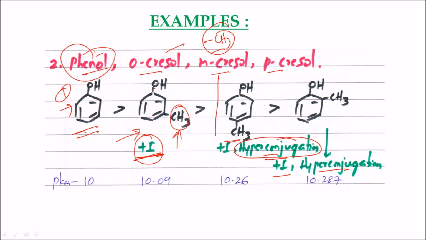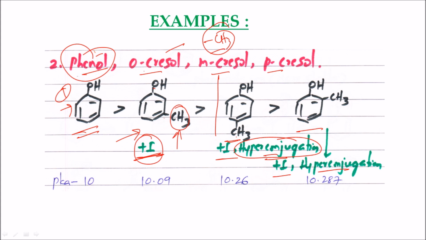Now among the third and fourth, why do we take paracresol as more acidic compared to orthocresol? You know, in both we have the same effects, right? Plus I and hyperconjugation here, and here also plus I and hyperconjugation. But we take para as more acidic compared to orthocresol.